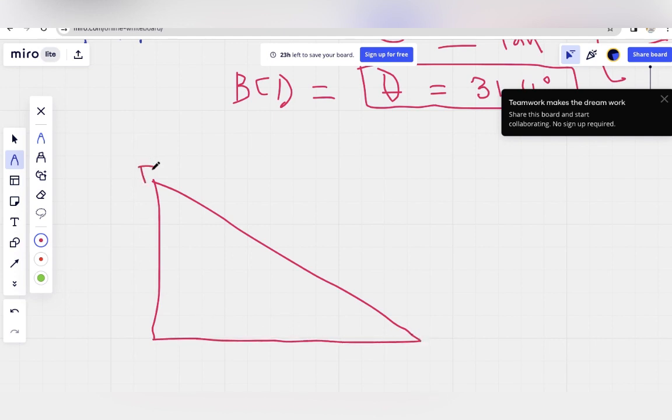These are B, this C, this D. And then they mark X here.